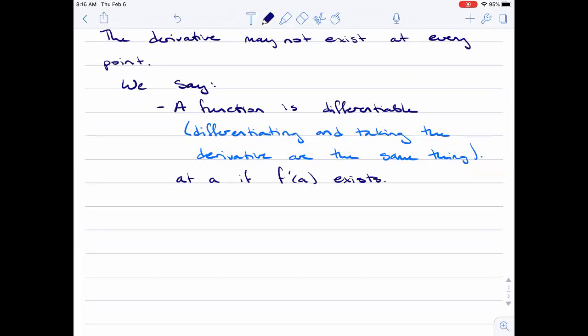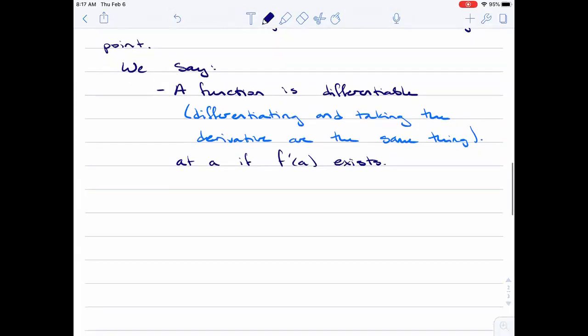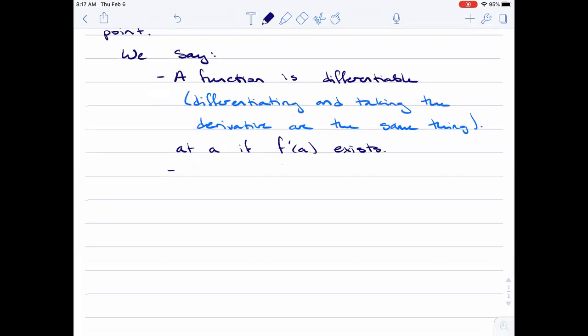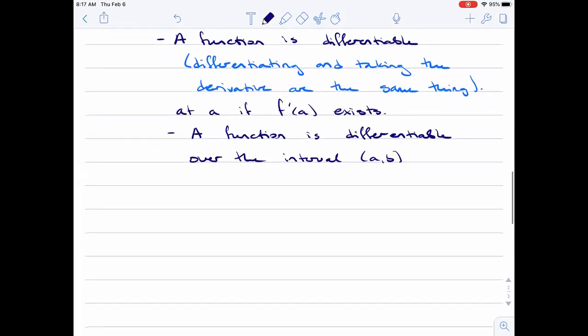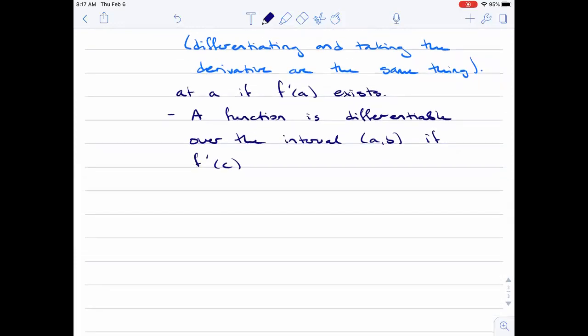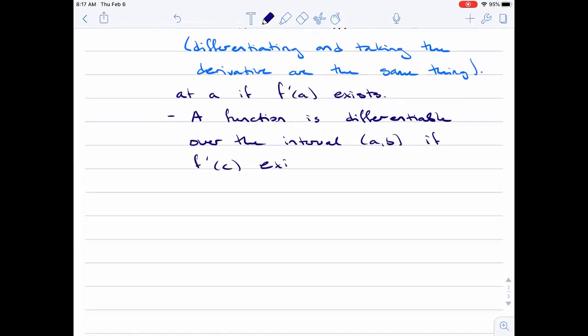That's all fine. It's not very helpful. I'll show you how it wouldn't exist in a second, but also, a function is differentiable over the interval (a, b), open brackets, if f prime of c exists for all c's between a and b, that is, for all a less than c less than b.